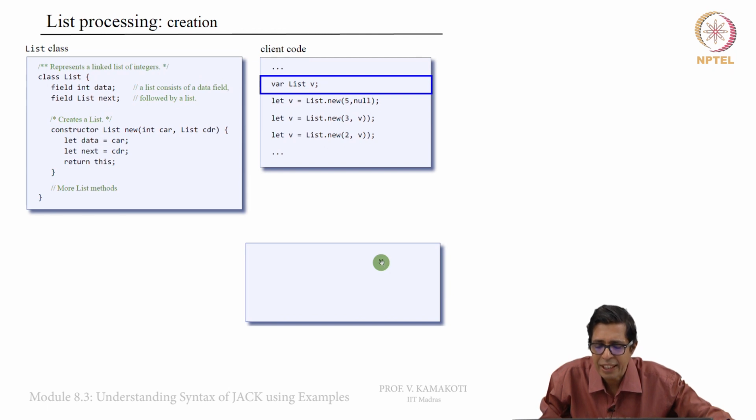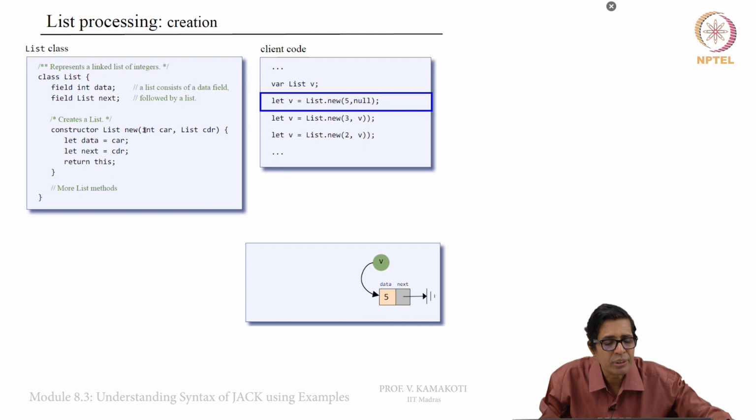the compiler will create one location on the stack with junk allocated to V. The moment I say V equal to list dot new 5 comma null, this list dot new will be called here. It will create a space for storing the CAR and CDR, where CAR is 5 and CDR is null.